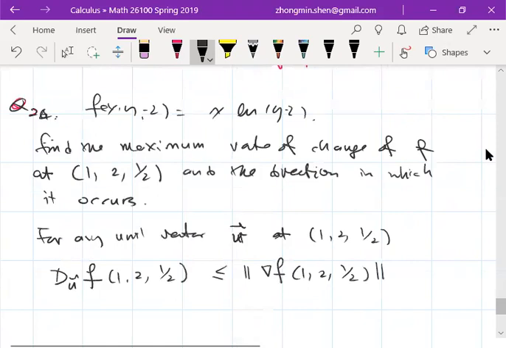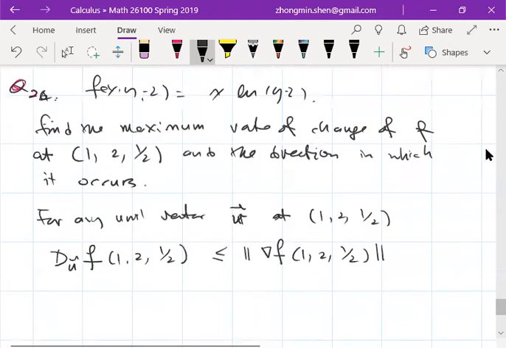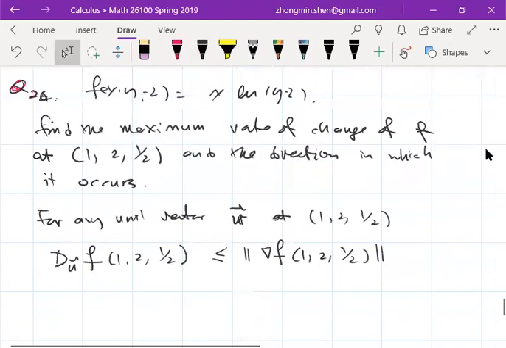And equality holds, that means the maximum rate occurs, if and only if the direction, the unit vector, equals the normalized vector of the gradient.